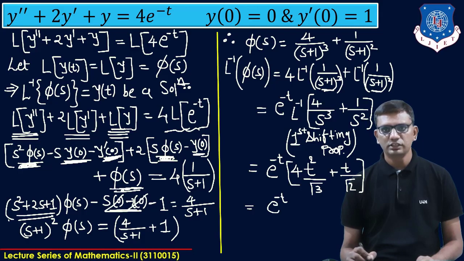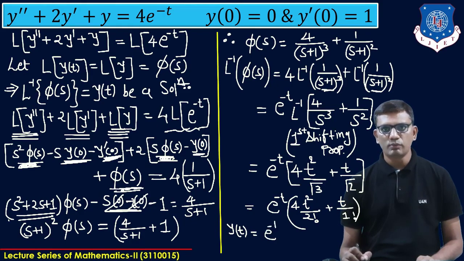So we have e raised to minus t into 4 t square by 2 factorial, and gamma 2 is 1 factorial, so t upon 1 factorial, and now we cancel with 2. Then finally y of t, which is our final answer, is e raised to minus t into 2t square plus t.